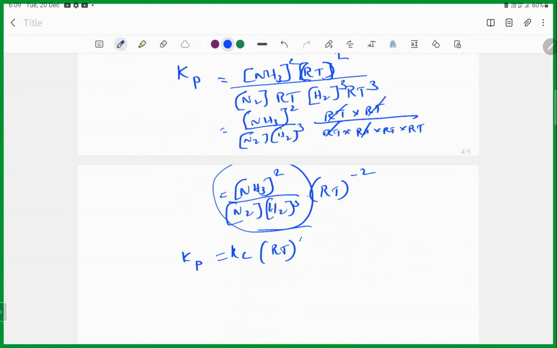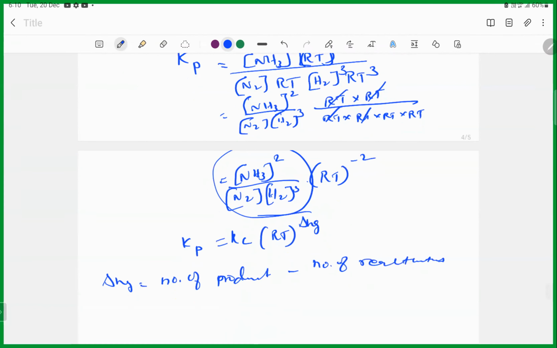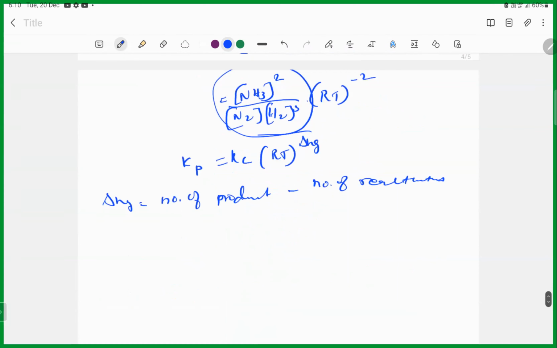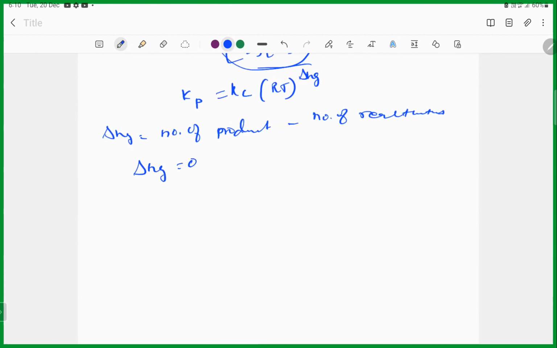So this is nothing but Kp is equal to Kc into RT power delta ng. The delta ng is equal to the number of moles of product minus the number of moles of reactant. Now, if delta ng is equal to 0, what will happen?